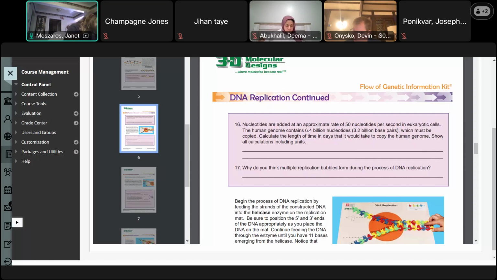So I'm going to set this up. 6,400,000,000 nucleotides. And you're going to multiply that by 1 second and divide it by 50 nucleotides.